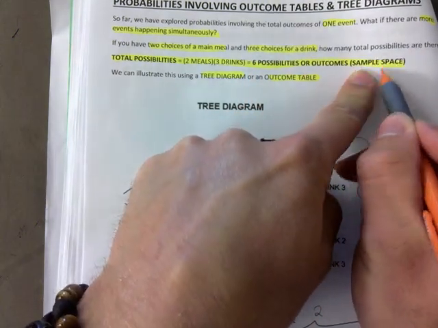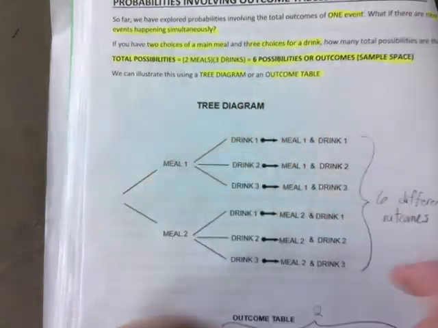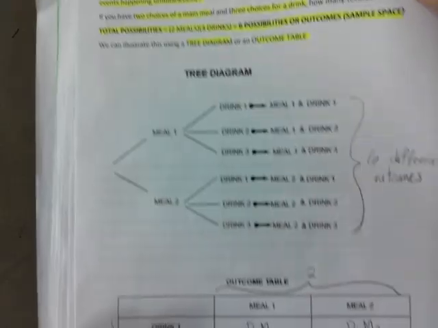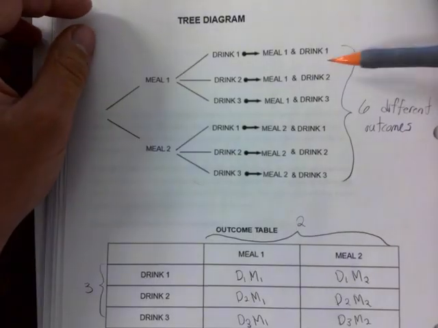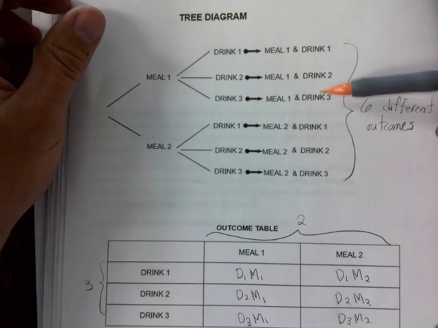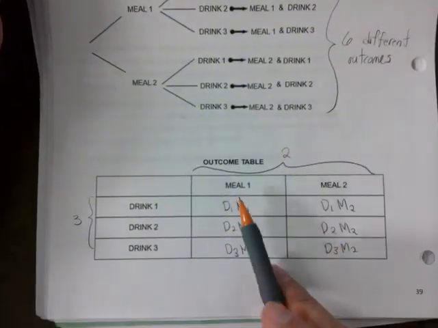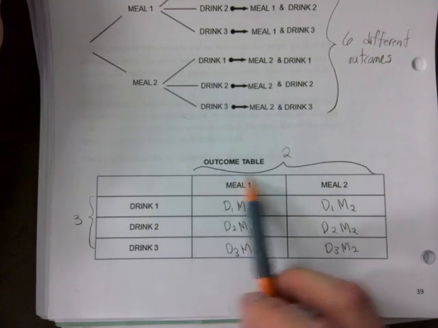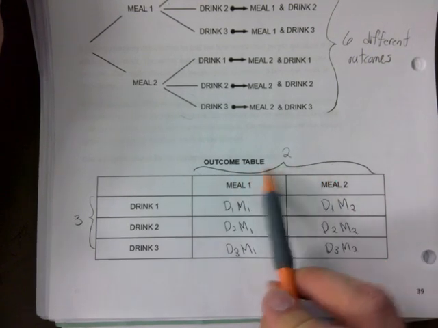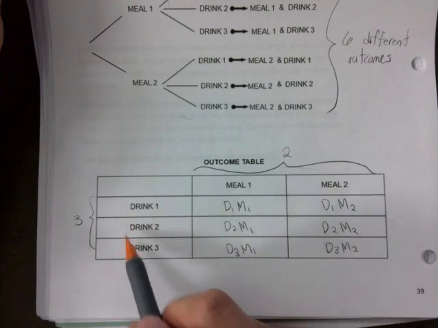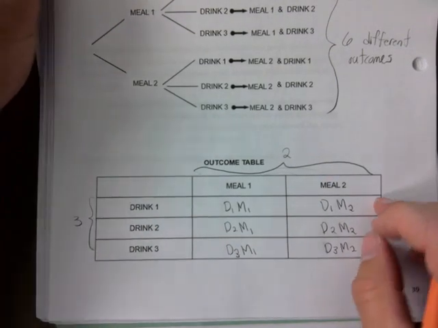Another word for this is our sample space. But to see what these different combinations of outcomes are, we can use a tree diagram, which looks like this, and an outcome table, where we have one event for the rows and one event for the columns.